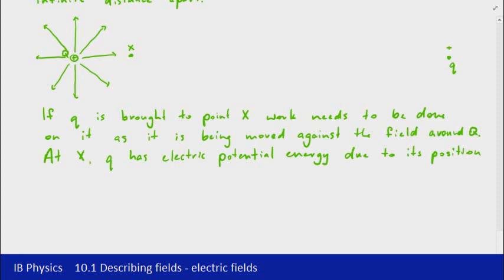We will get into more detail about electric potential energy in 10.2, but we'll just mention it on the way through here. So we'll come back to this idea and explain it in more detail.